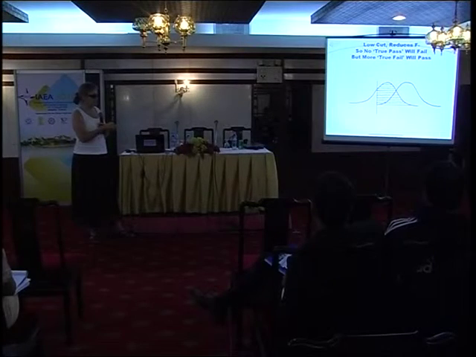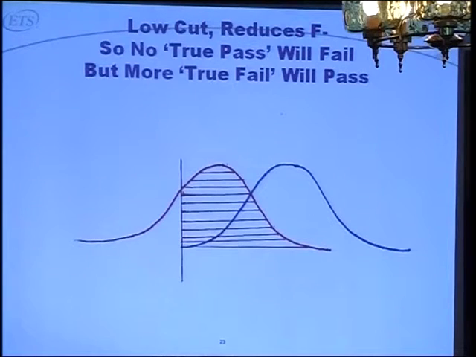Now, what if we have a test for our class 5 students, and we decide we don't want to fail anyone who could pass because that would be mean and that would stigmatize them, and we don't want to hold a student back. We might say, we are going to set the cut score here so that none of these people who could pass will fail.